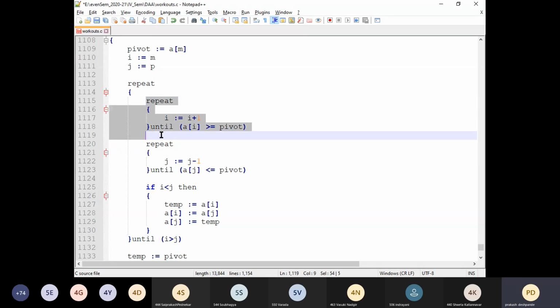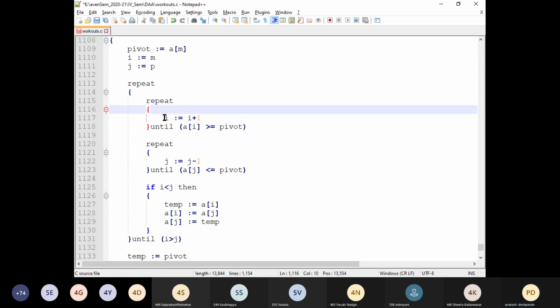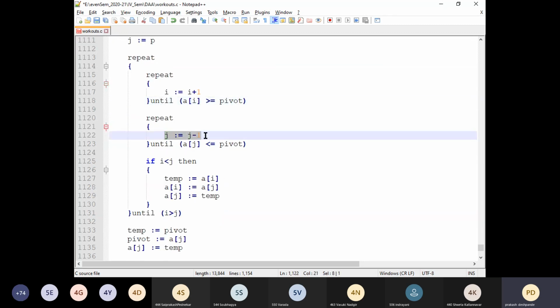If you look into these sub blocks, what can you understand from these three lines? Increment i until a of i becomes greater than or equal to the pivot. In the same way, decrement j until a of j becomes less than or equal to the pivot element.